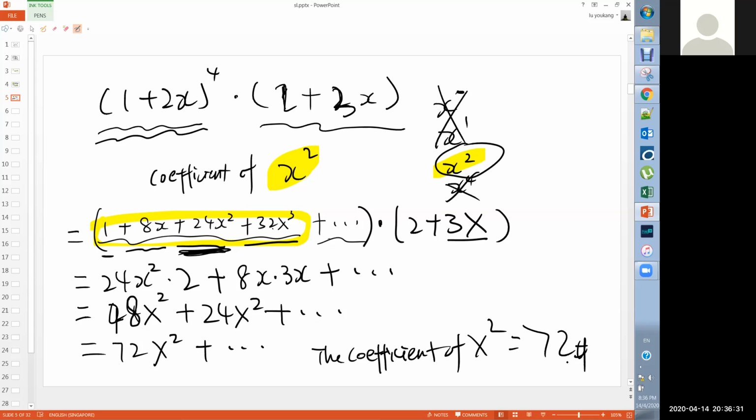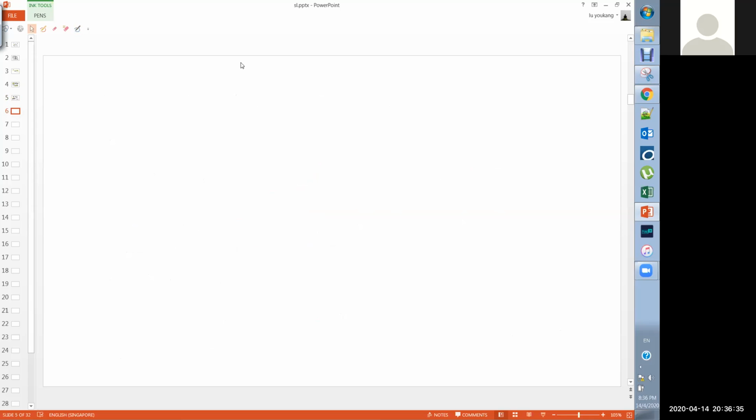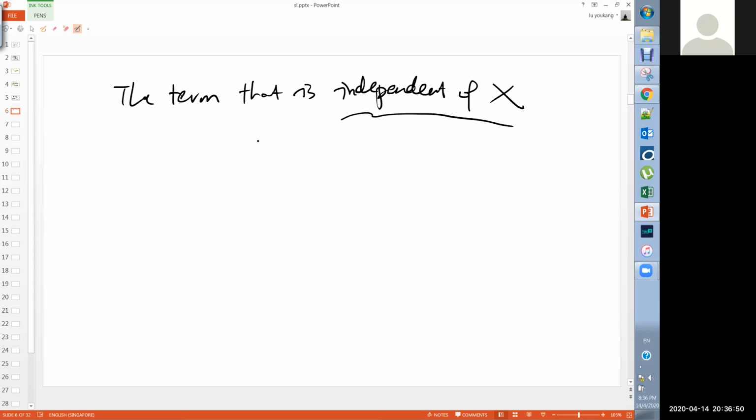I think you will have questions where they want the term that is independent of x. So what's the meaning of this? Independent of x means the x to the power of 0 term. That means no x.